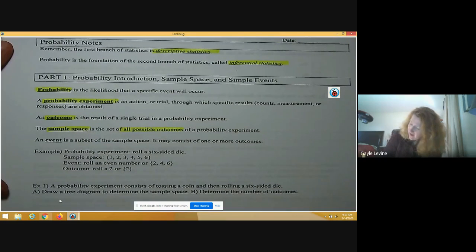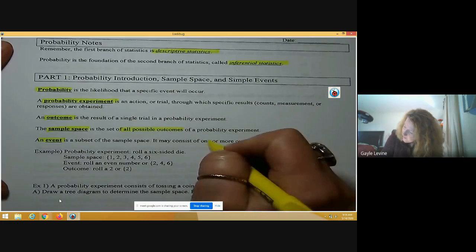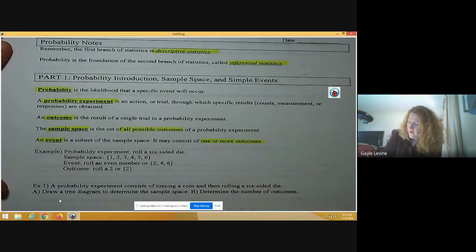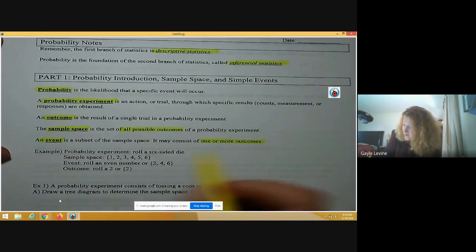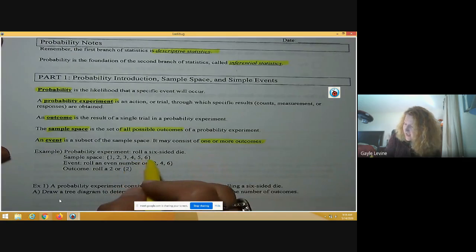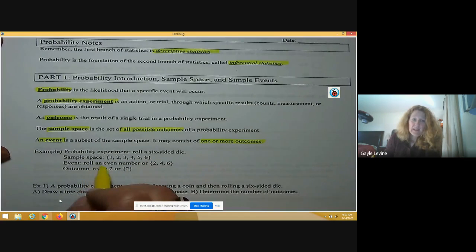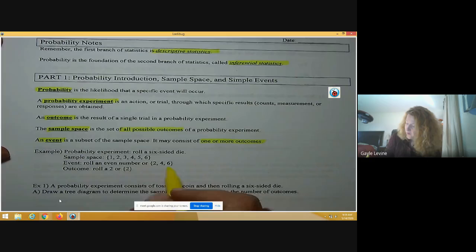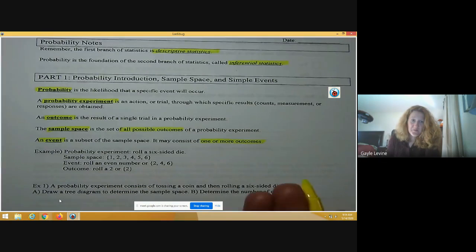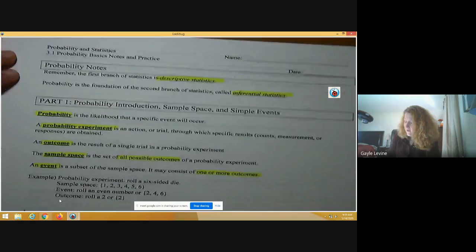It may consist of one or more outcomes. For example, if you think of a standard six-sided die, the sample space would be the numbers 1, 2, 3, 4, 5, 6. An event could be rolling an even number, so 2, 4, or 6, and then an outcome could be rolling a 2. So that would just be one outcome.